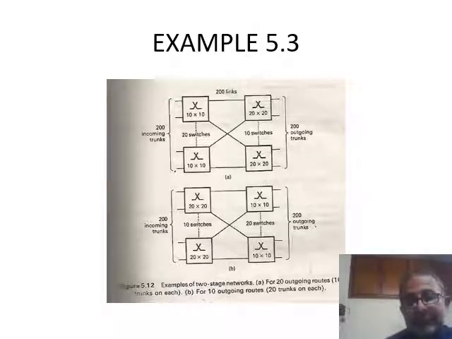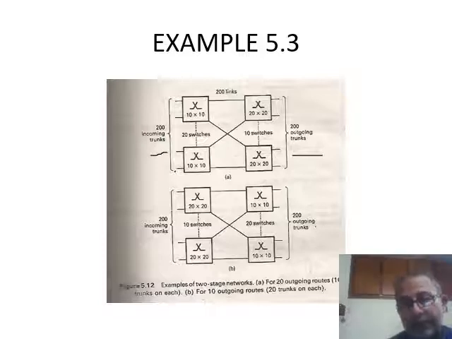Let's see this example 5.3. We've got 200 incoming trunks here and 200 outgoing trunks.